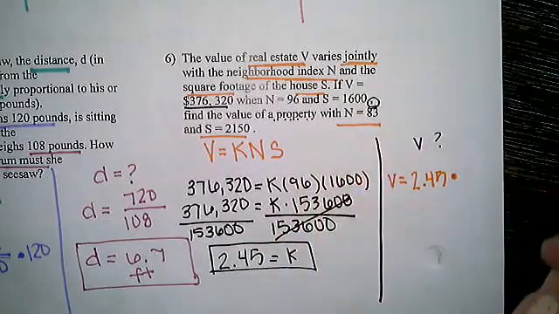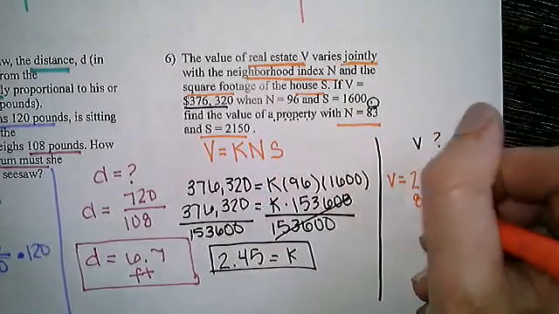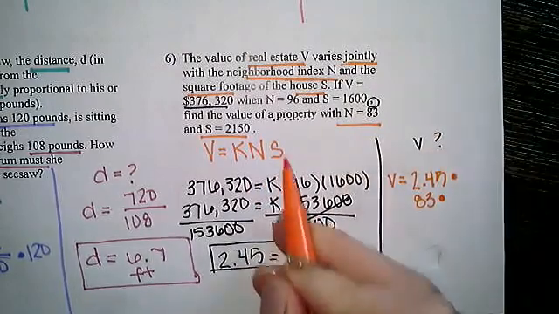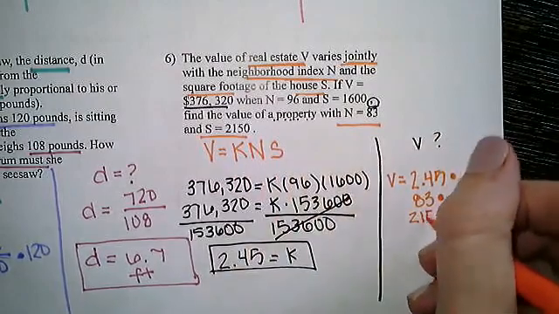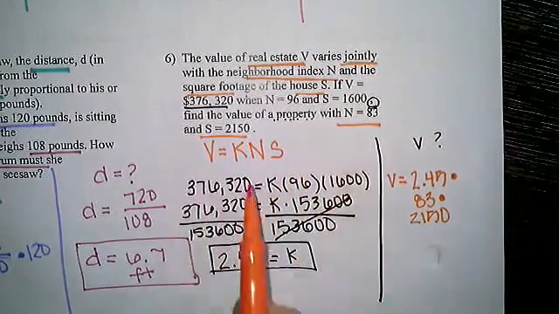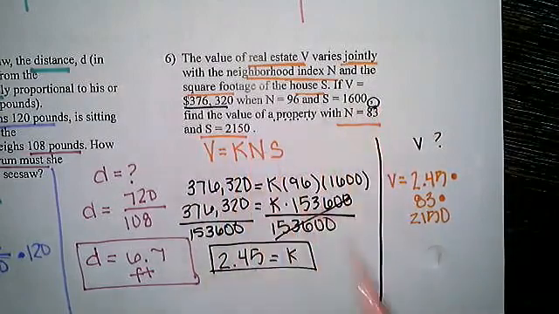We know our index is 83, or our N. I'm going to have to write that down here. And a times sign, because they're all multiplied. And our S is 2150. So we're taking our K, plugging it in, our N and our S, and we're multiplying those three together to get the value. So 2.45 times 83 times 2150.